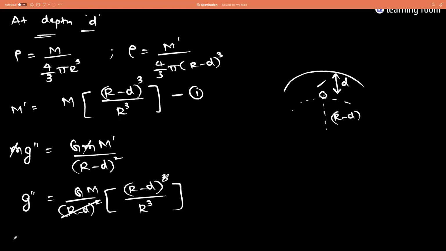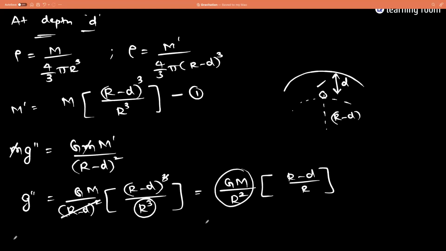Then what should I do to this r cube? It becomes r square into r minus d divided by r. So what is GM divided by r square? It is small g. So g double dash is equal to g into 1 minus d divided by r. Right? Did we solve problems based on this yesterday?